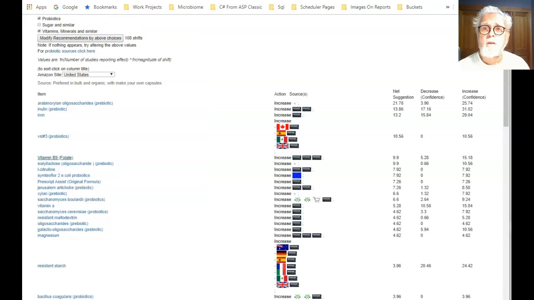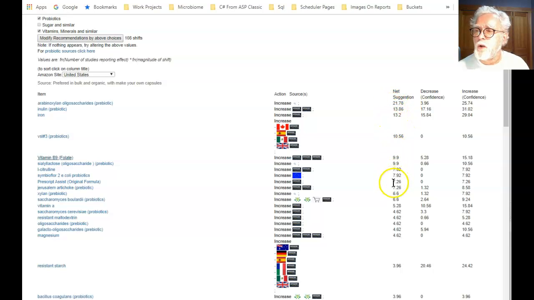When you go back here, what is the net suggestion value? The value here is a weighted average. Let's not get into how we're doing it, but both decrease and increase work through the same mechanism. So we have 25 points where it would increase and 4 where it would decrease. The net suggestion is 21. In other words, it will cause a generally significant improvement, better than other things.